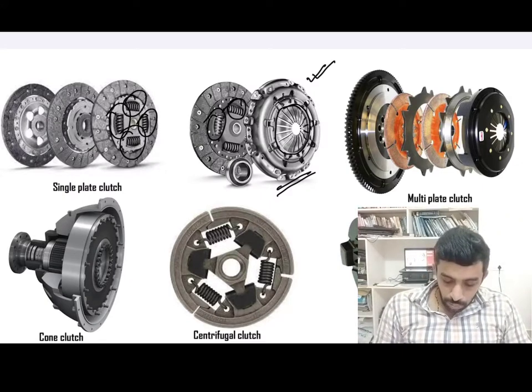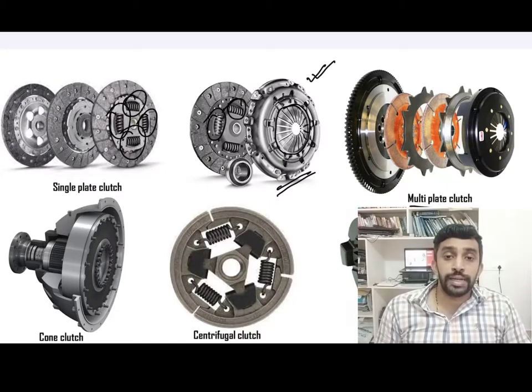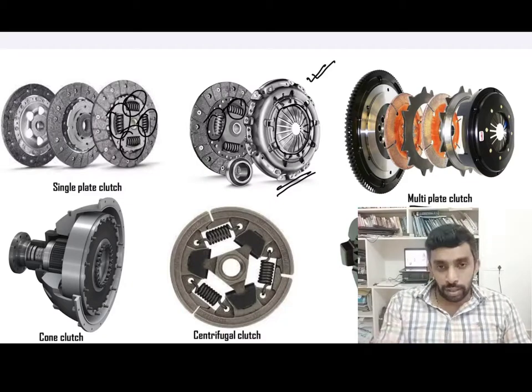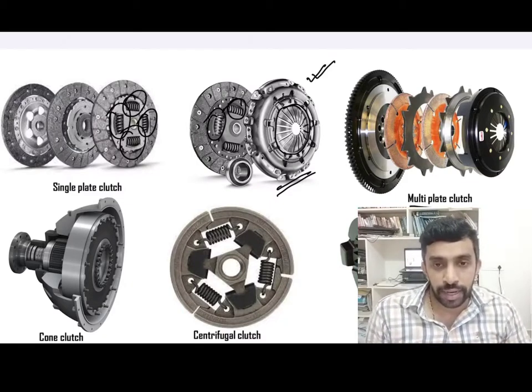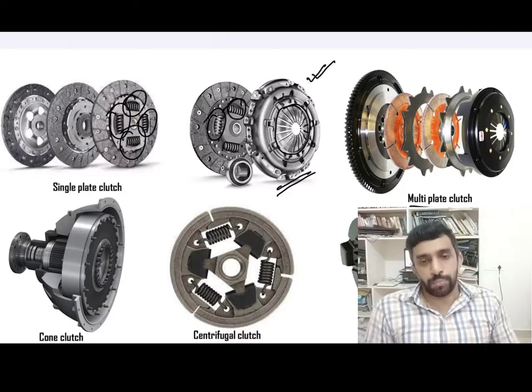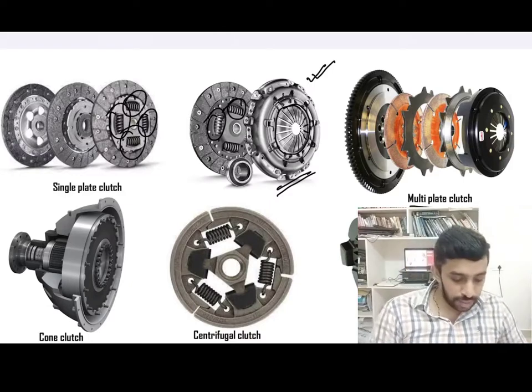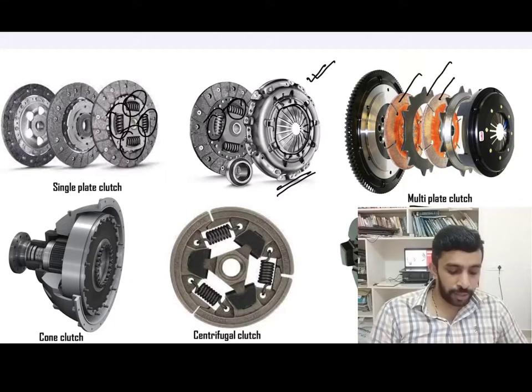When it comes to the multi-plate clutch, as the name itself says, we have multiple plates, more than one. We have n number of friction plates and n number of pressure plates. Here you can see friction plates here and here, and pressure plates here and here.